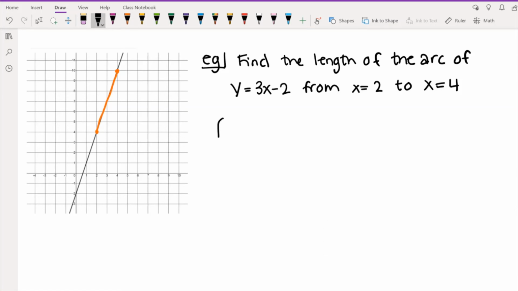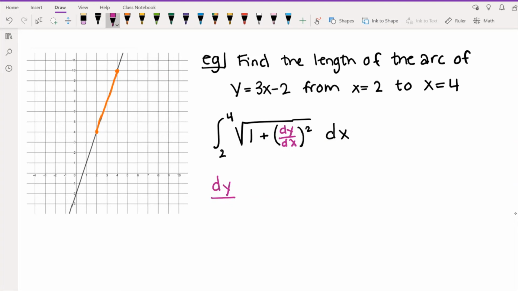So we're going to be doing the integral from 2 to 4 of the square root of 1 plus, and so we want to take dy dx and square it, dx. So in this case, we just have a line, right?